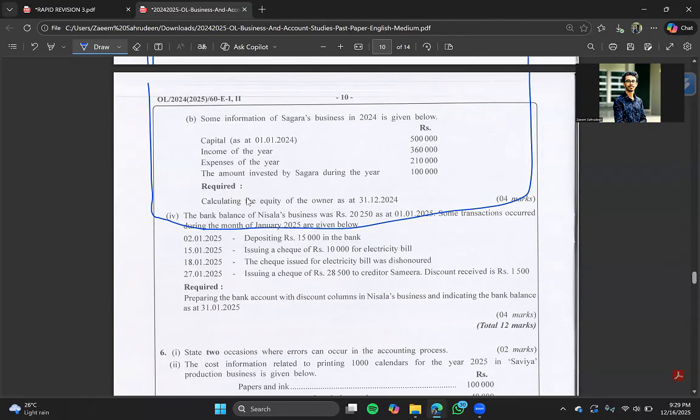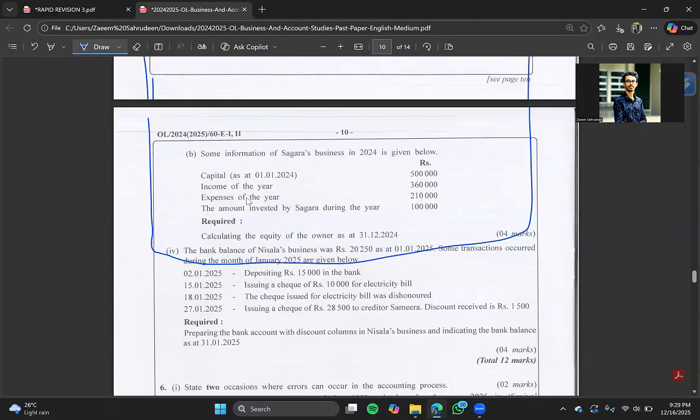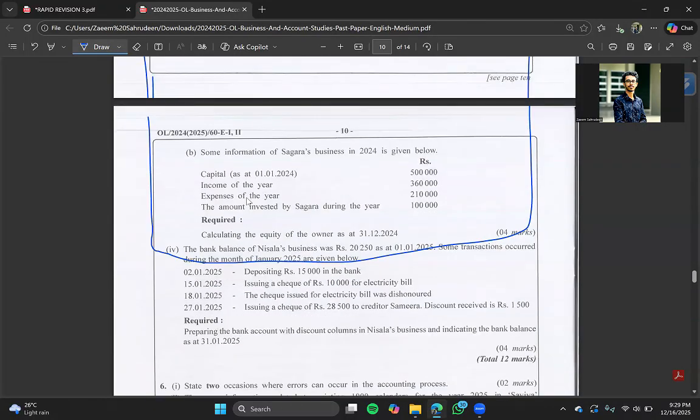Moving on to the third question, part B, some information of Sagar's business is given below. They have to calculate the equity of this business. They have given the opening capital, and then the income and expenses.